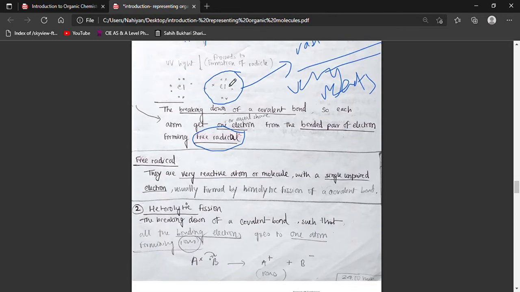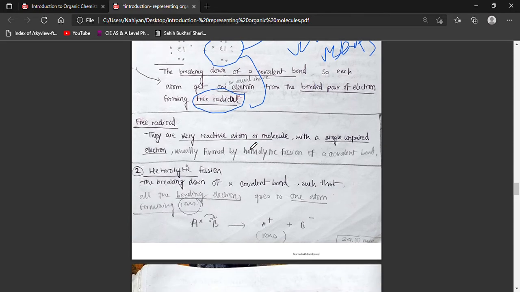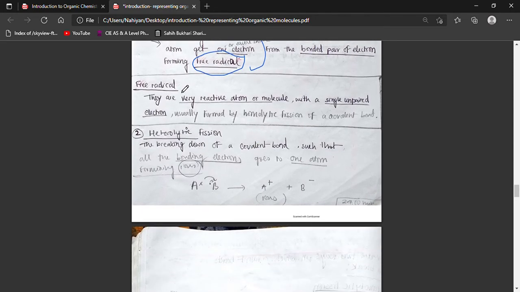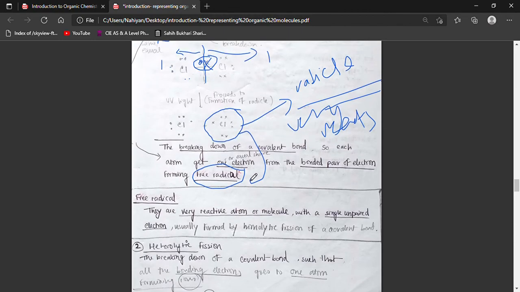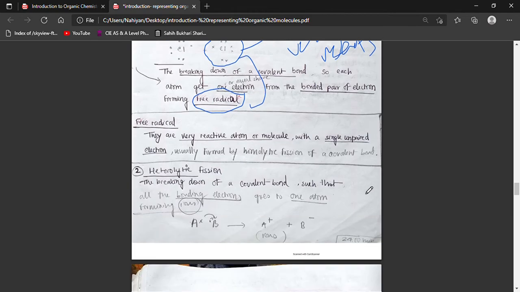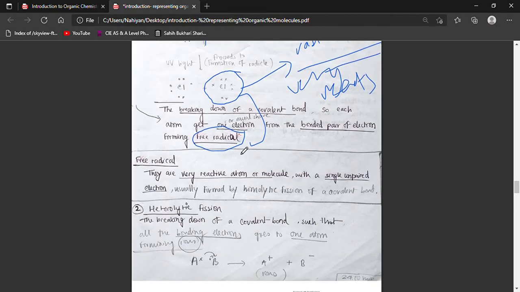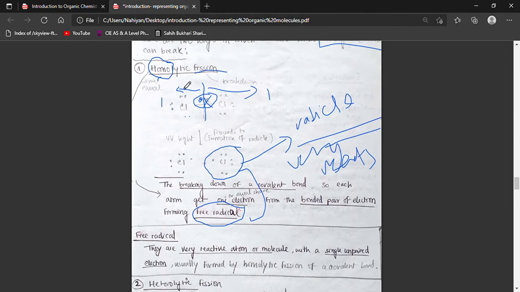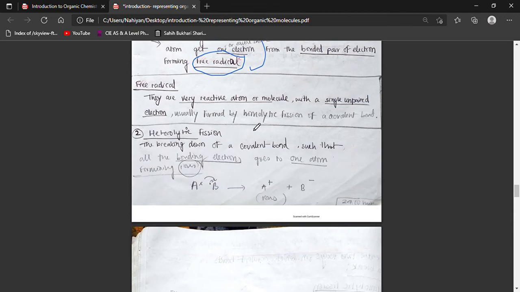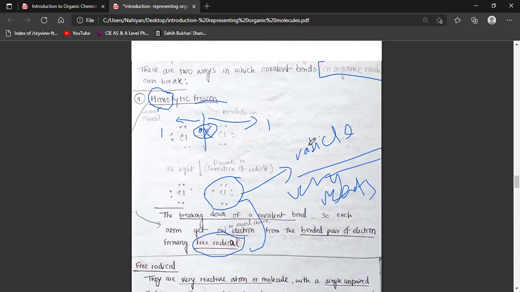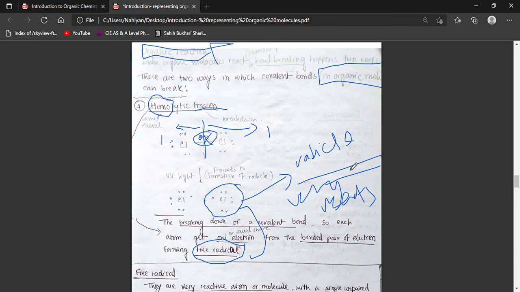So this very reactive atom is called a free radical. The definition: free radicals are very reactive atoms or molecules with a single unpaired electron. They are usually formed by homolytic fission, where the bonded electron pair is divided into two, for example when UV light is given and they break down.